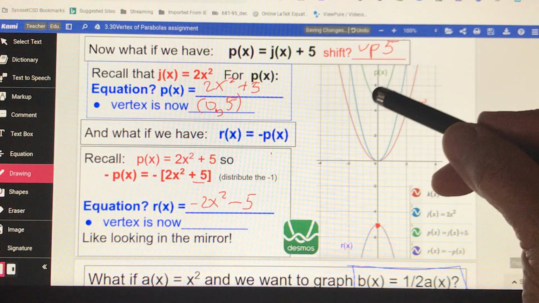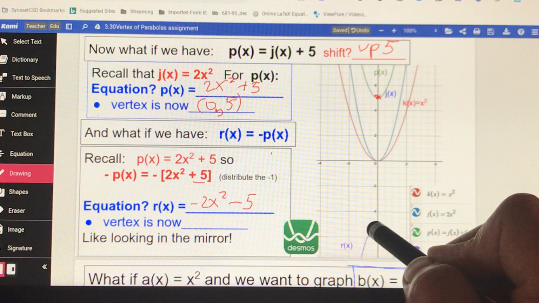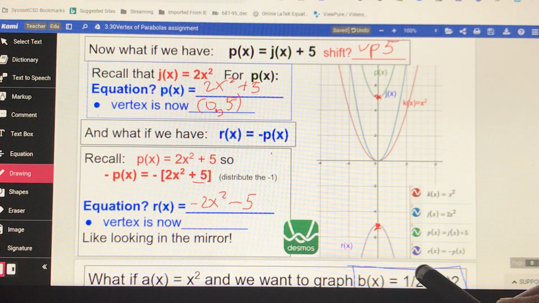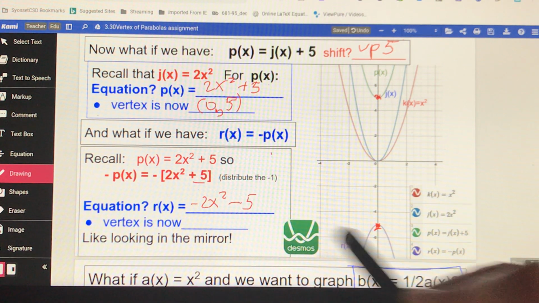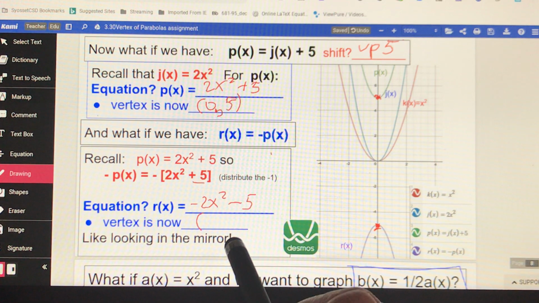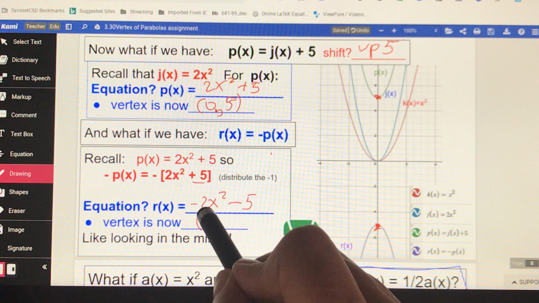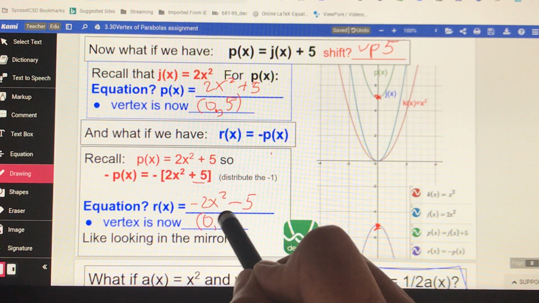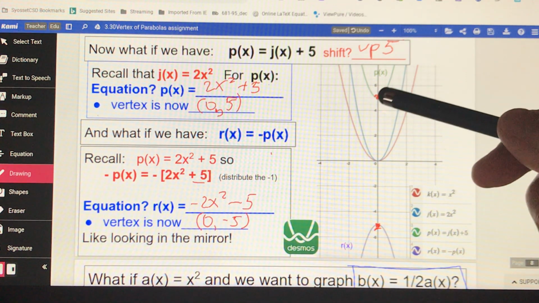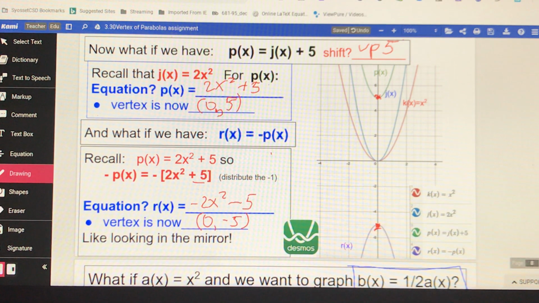If you notice, the parabola flips over the x-axis, reflects over the x-axis. The vertex actually jumps down below the x-axis. So our new vertex of the reflected parabola is 0, negative 5. What happened? The y-coordinate from positive became negative. Why? Because we had to distribute the negative 1, and it's just like looking in the mirror.